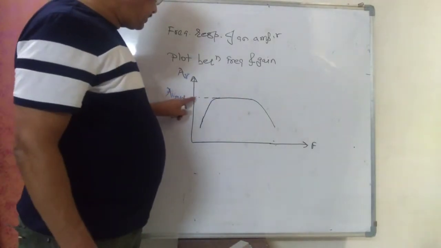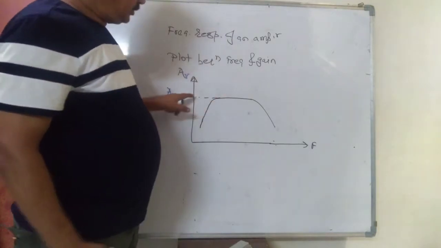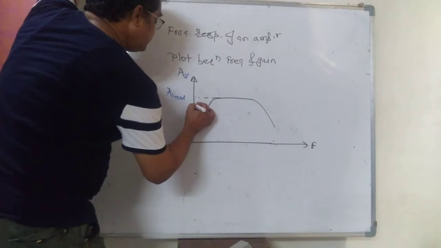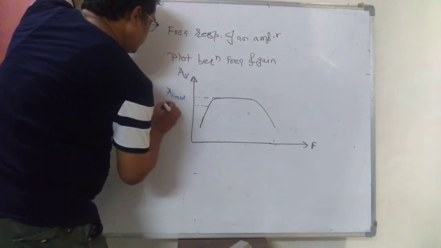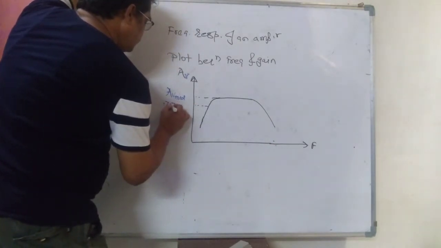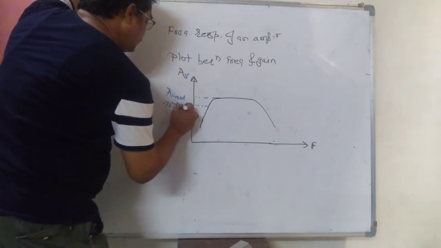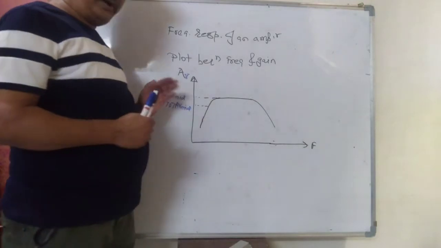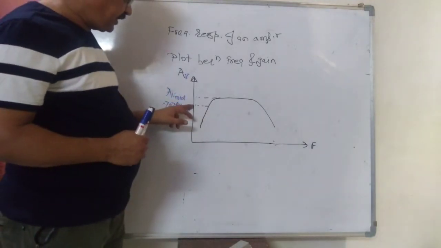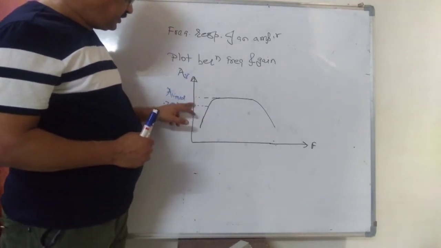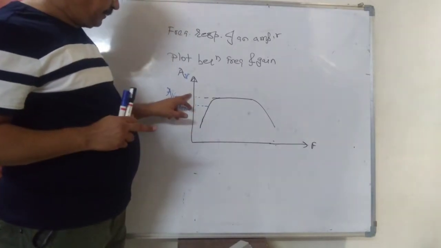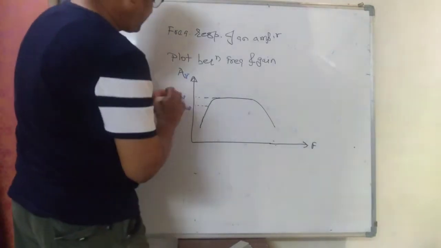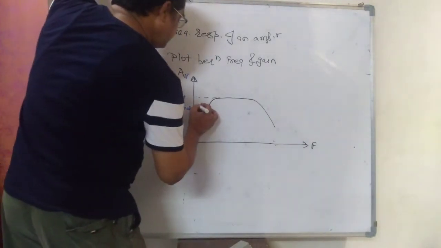If maximum gain is, suppose, 10, we take 70.7% of maximum gain. We have to select that point. Suppose this is 10, then this will be 7.07, that is 10 multiplied by 0.707. Draw a line from that point.